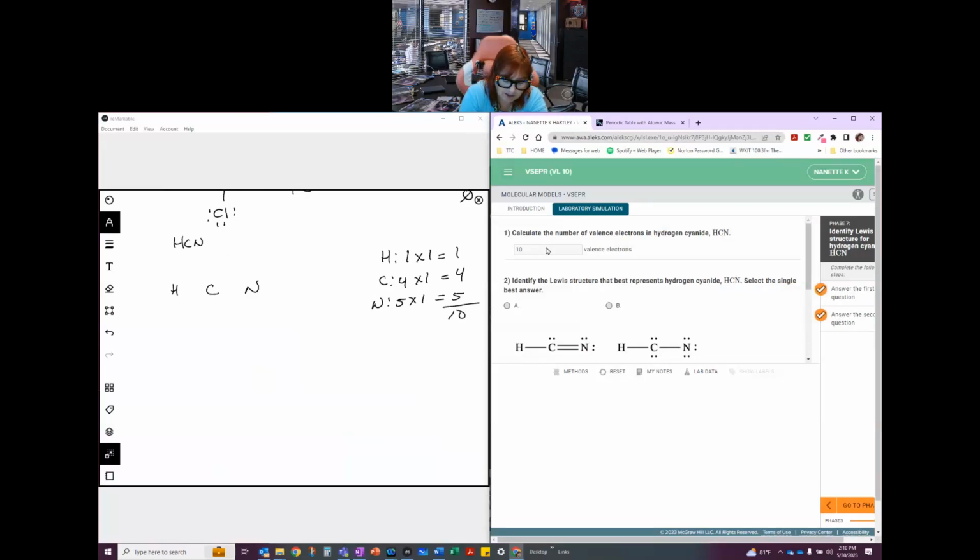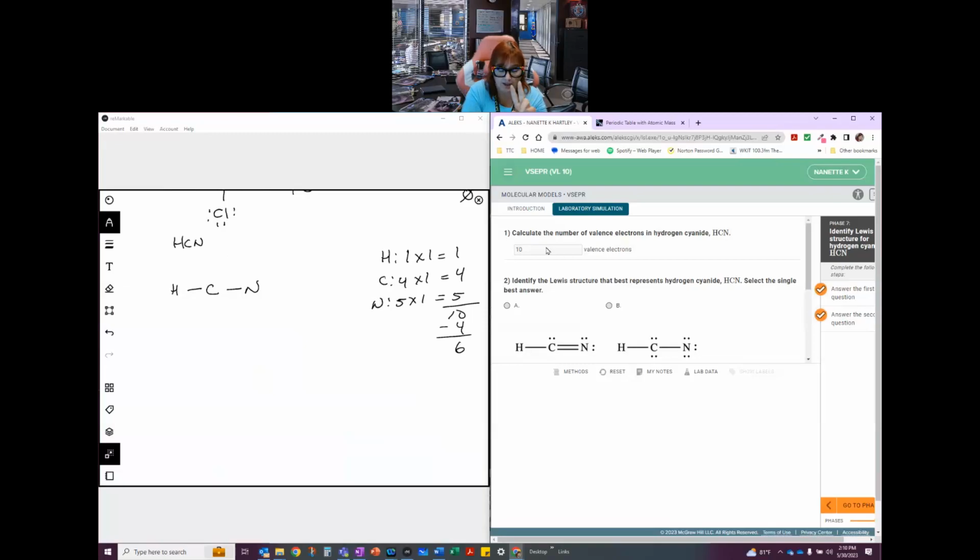I need to draw at least 1 bond between the hydrogen and the carbon, and between the carbon and the nitrogen. Now that takes up 4 electrons. So there's 6 that I need to accommodate somewhere in this structure. And we always fill the outermost guys first. So we're trying to fill our octets. But hydrogen doesn't want an octet.